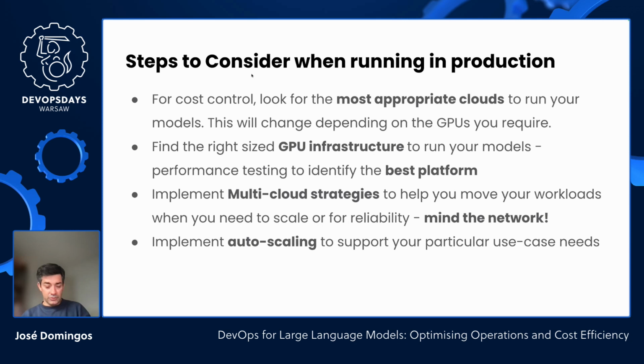So, steps to consider when running AI workloads in production. Again, your mileage may vary. For cost control, you can look at the most appropriate clouds. Look at the ones that have the right GPUs, look at the ones that give you the right quota, look at the ones that offer the best cost.